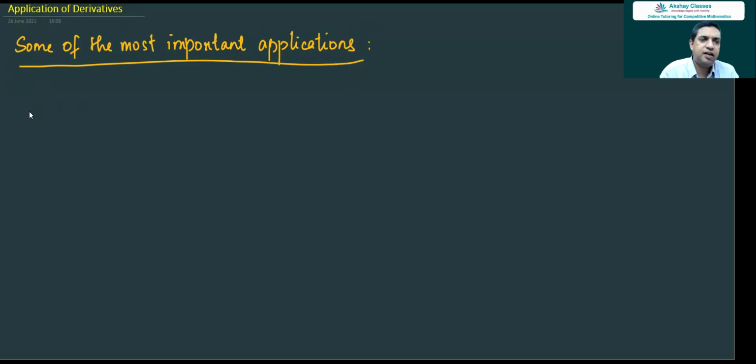Can anybody recall what are some of the most important applications of derivatives in physics? In physics, what are some of the important applications of derivatives?